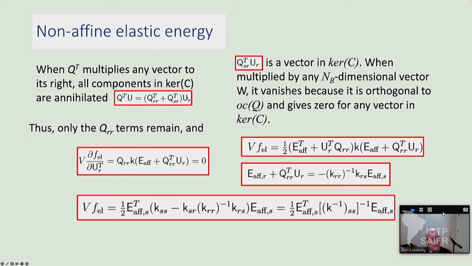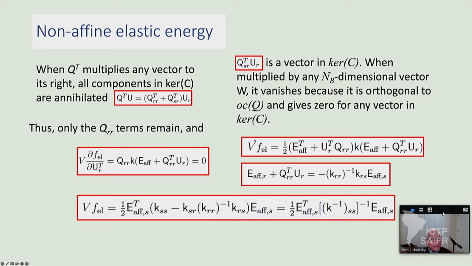So any vector I put over here kills the part that's in the null space, and we're left with this. Similarly, this QTR is a vector now in the kernel of C because of QTS. So if I multiply this operator by any vector in the kernel, it kills this part.